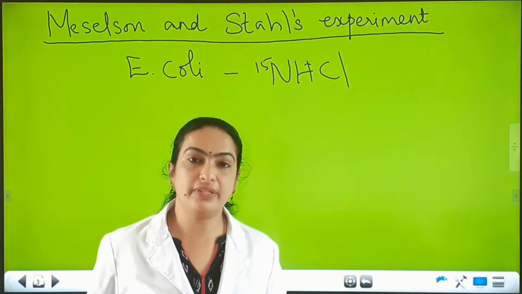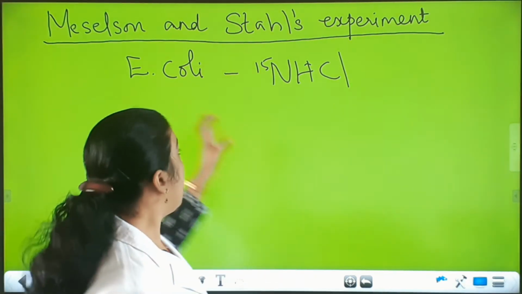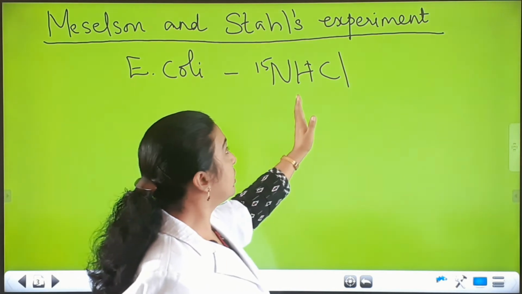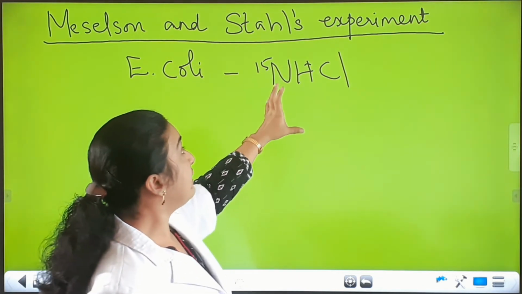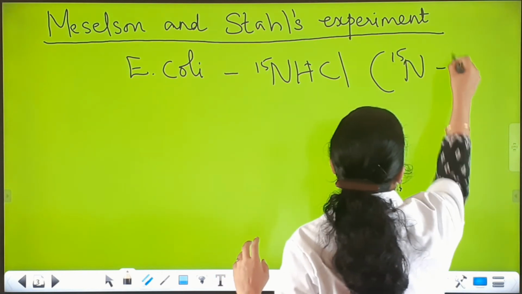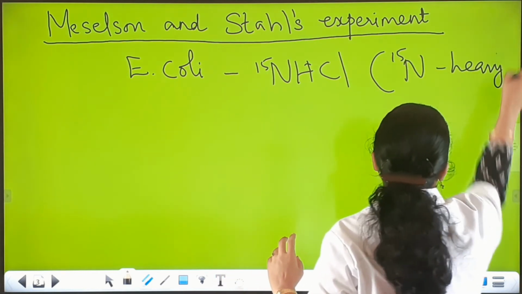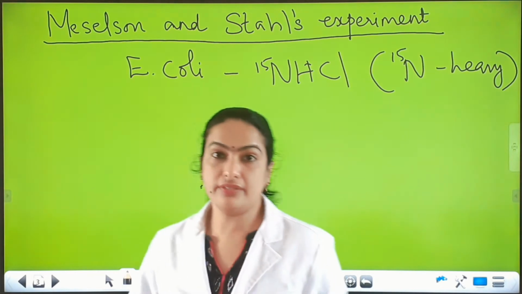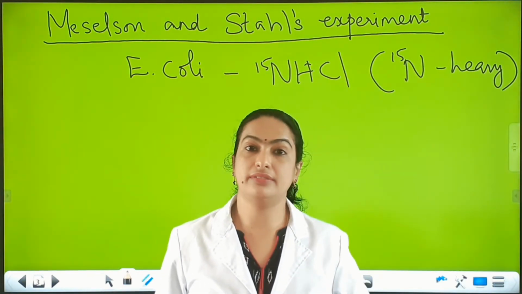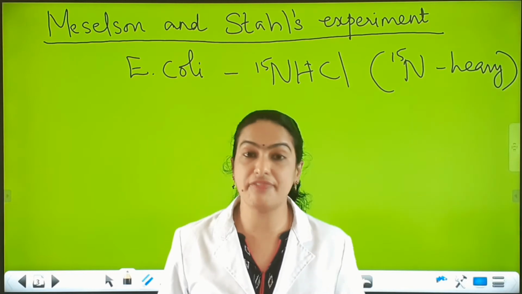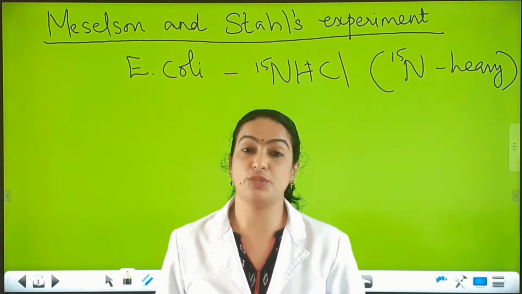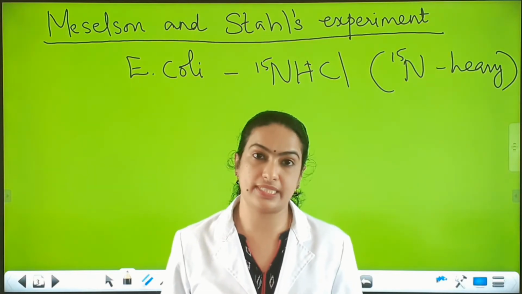The first step was growing the Escherichia coli bacteria in ammonium chloride whose nitrogen is a heavy isotope, N15, a heavy isotope of nitrogen. This E. coli can replicate every 20 minutes, so they were observed at various time intervals.